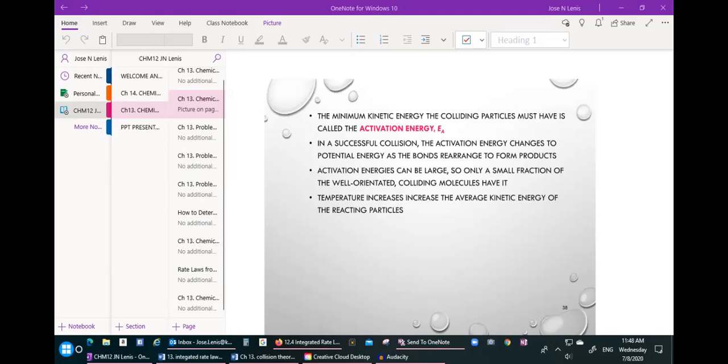In that case, no new molecule is being formed. So yes, we need both. We need the right orientation and the right amount of activation energy to break old bonds and to form a new bond.